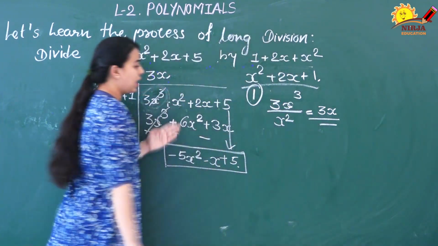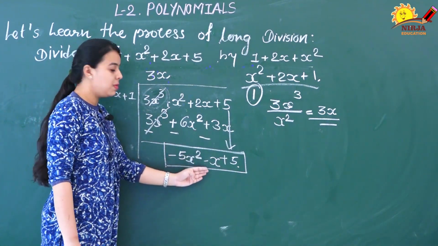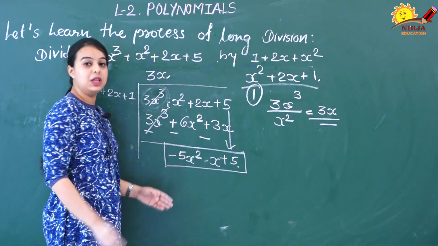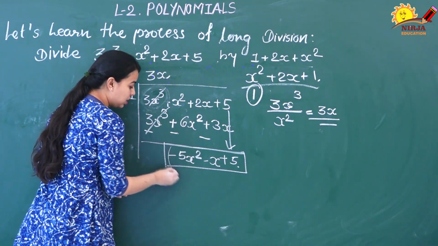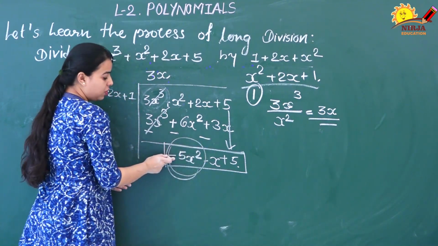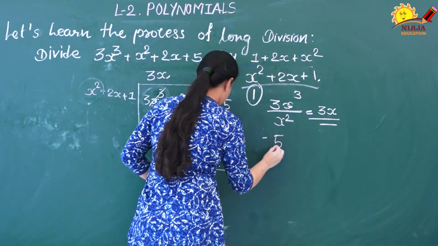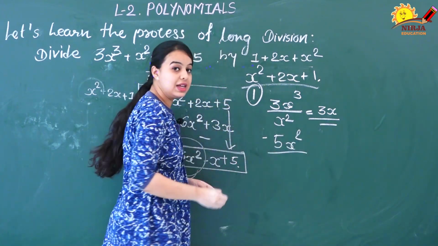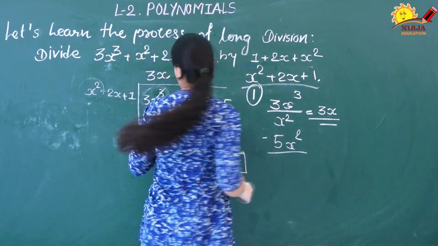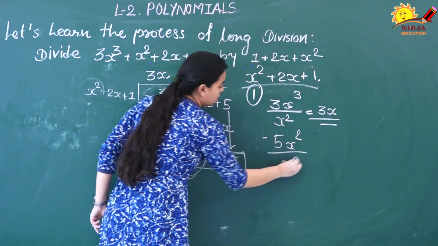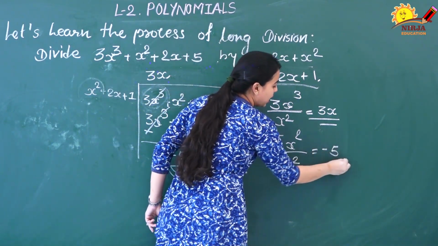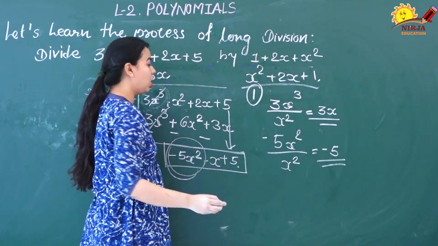Here our new dividend is minus 5x square minus x plus 5. That means you need to take the highest degree term, minus 5x square, and divide by the highest degree term of the divisor, which is x square. So here we are getting minus 5 as the second term of your quotient.